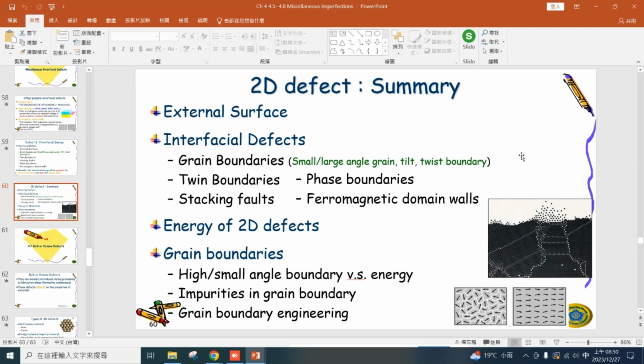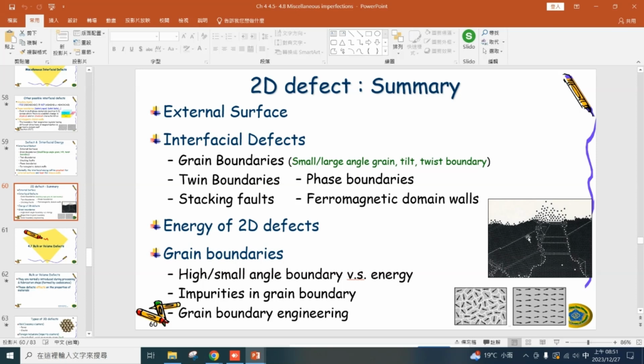The first one is small or large angle grains, depending on the growth direction. The two grains might meet each other at a small angle or at a big angle. So we have small angle and large angle grain boundaries.